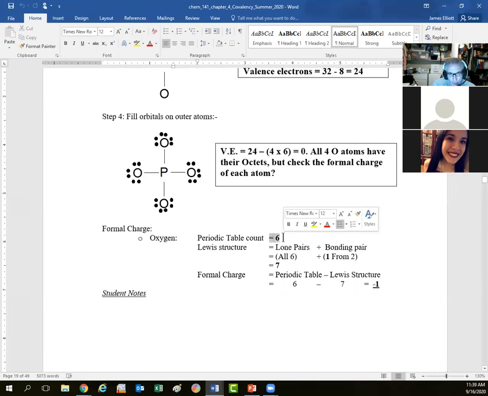From the periodic table, it's a 6th element, so it should control 6 of the 8 electrons around it. But it controls the 6 lone pair electrons and one of the 2 bonding electrons, giving us 7. So 6 minus 7, as we saw with the other examples of a single bonded oxygen, there's a charge of -1. That's a -1 charge on all 4 of those oxygens.